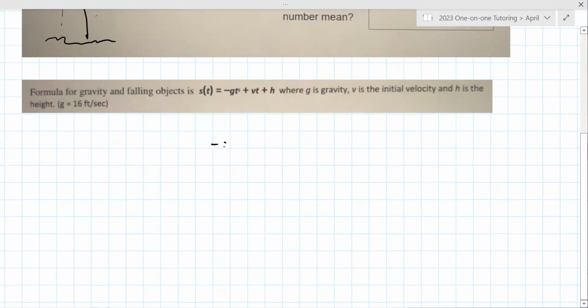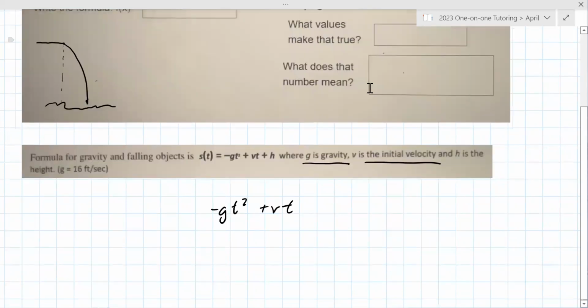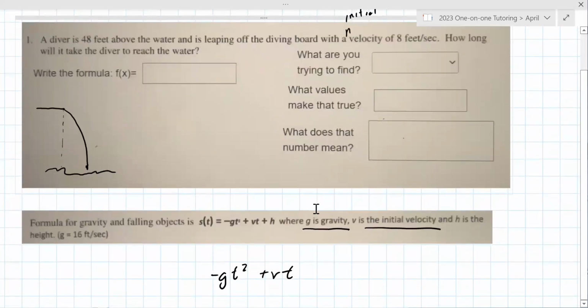That's a squared. G is gravity, plus vt, which is the initial velocity. That's why I changed it to initial up here, and h is the height, so it's how high up you start. Any questions on that before we start plugging in numbers?